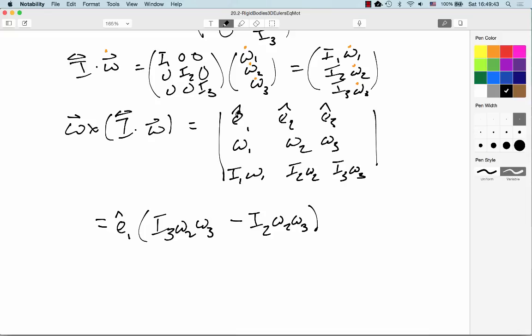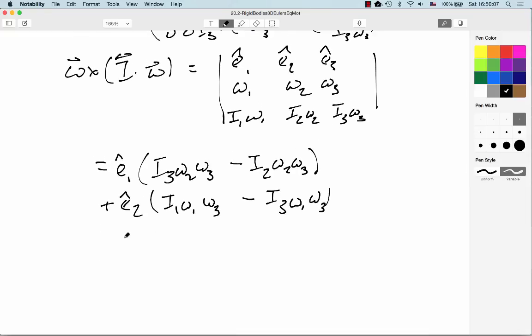So I drop that. Gives me these guys here. So normally this would be a plus, but that's going to be minus. Normally that'd be a minus, but that'll be a plus. So that's going to give me plus E2 times I1 omega 1 omega 3 minus I3 omega 1 omega 3.